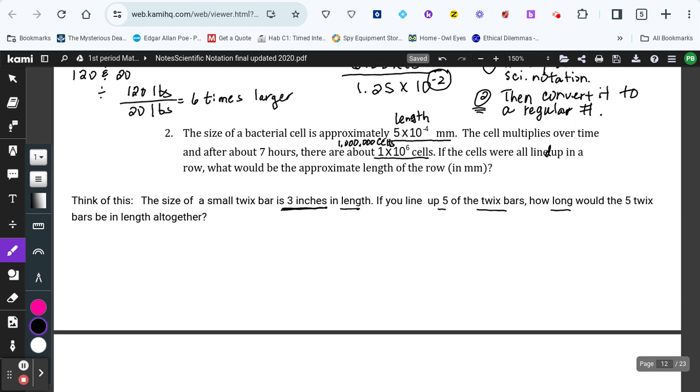So if you have one, it's 3 inches. You put another one with it, it's another 3 inches. Now I got to put 5 together. That's 4, and this one is 5.